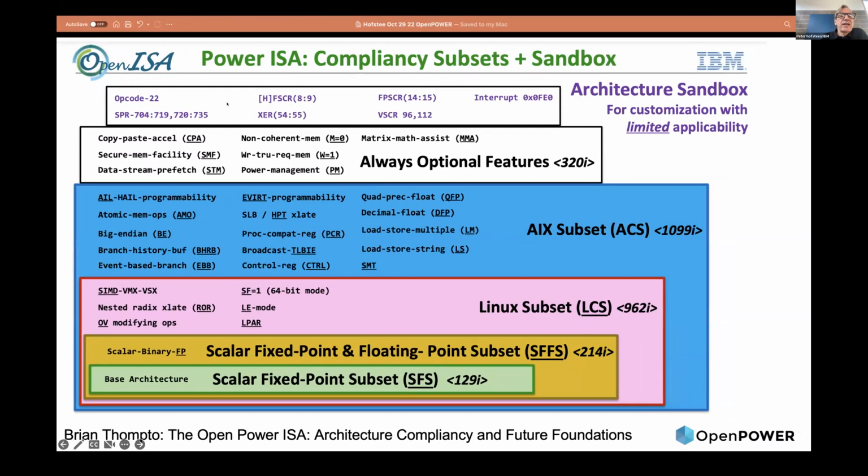And so that leads me to the box here on top. So there is one opcode 22 behind which there is an opcode space that can be used for customized instructions, where people can introduce their own custom instructions in implementations of the Power architecture that are still compliant.